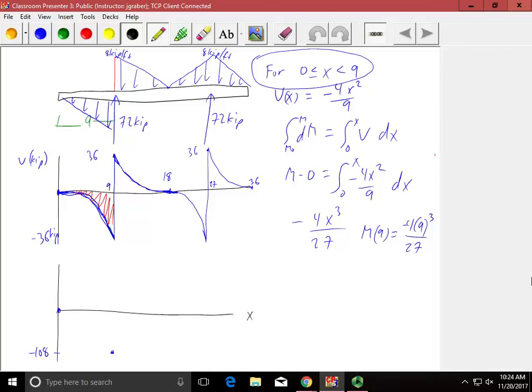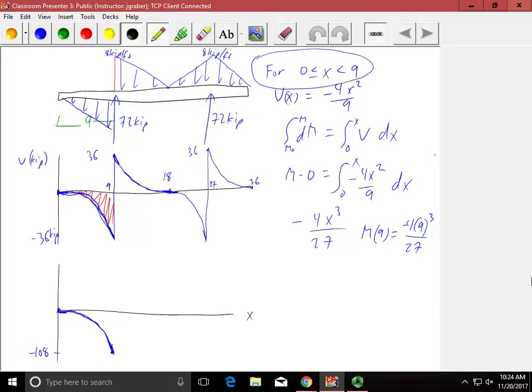What's our initial slope? 0. And what's our final slope? -36. Very negative, right? So I'm going to have this plot like that. Now that is a cubic, and it might look a little different. You can go ahead and plot it on your calculator if you want to see what it looks like. But remember, cubics only look different than parabolas in the inflection point. If you're not plotting the inflection point, they basically look the same.